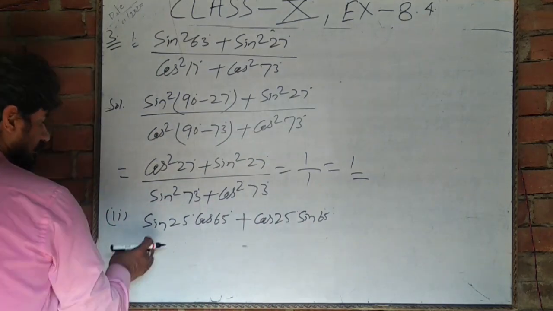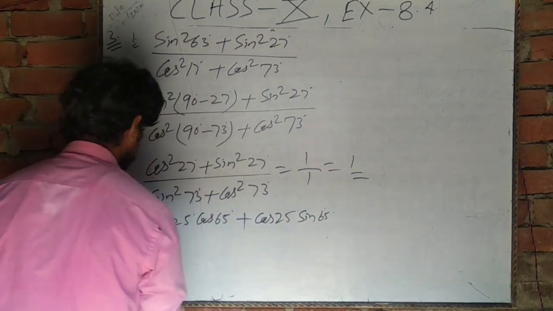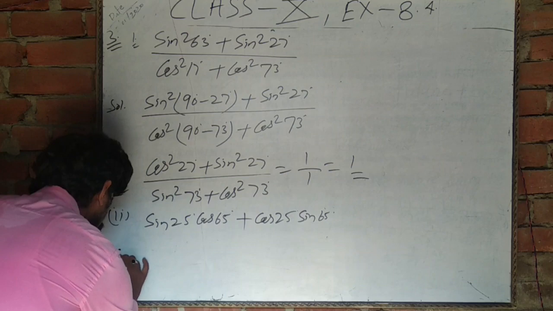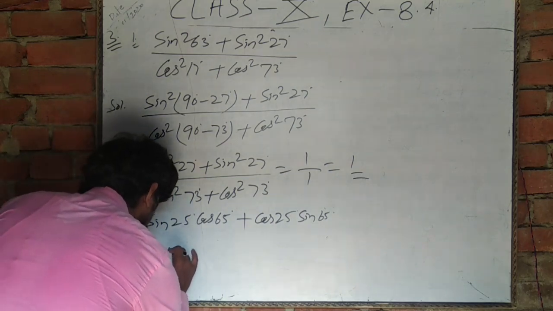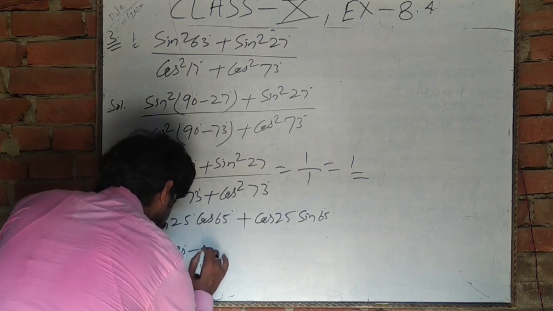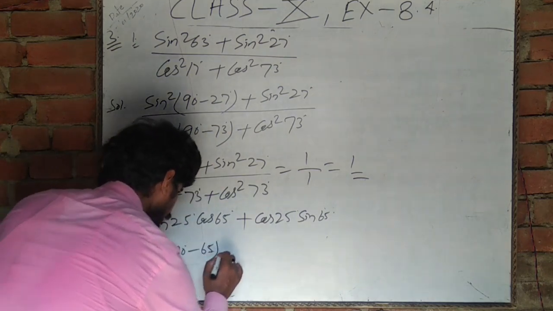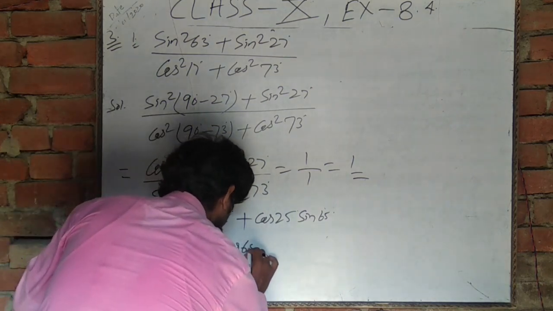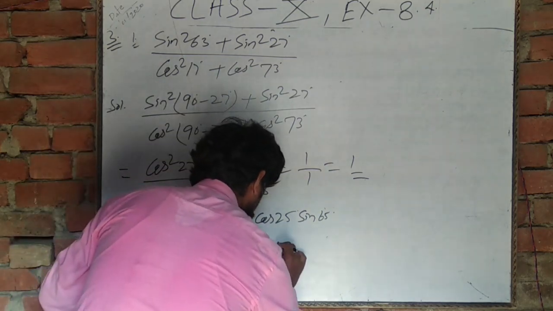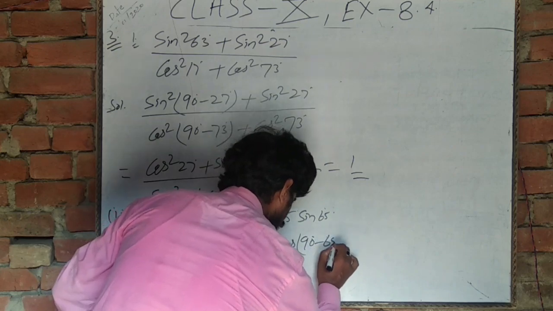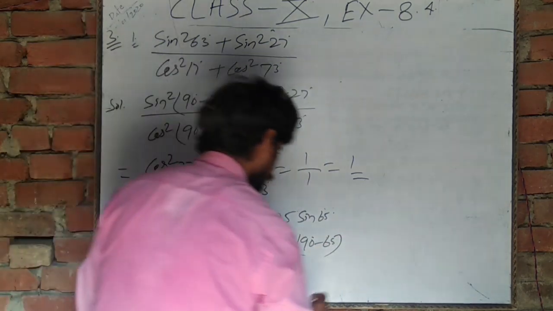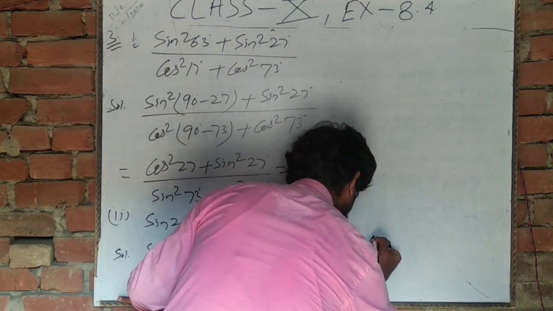We will change here sin and there cos. Solution. Sin 25 means 90 minus 65 and cos 65. Cos 25 means cos 90 minus 65 and sin 65.